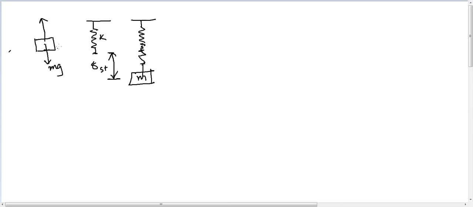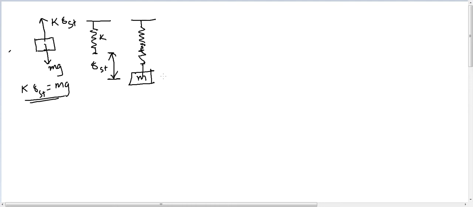This mass is supported by this spring, and the spring force is nothing but K, the stiffness of the spring, into delta static. So K into delta static is equal to m into g. This is one equation.